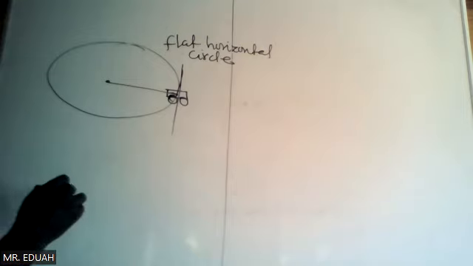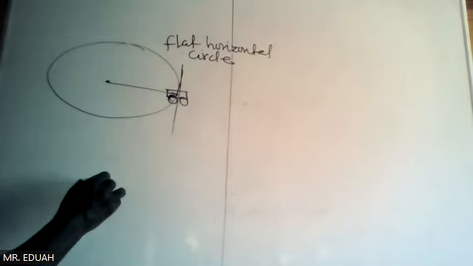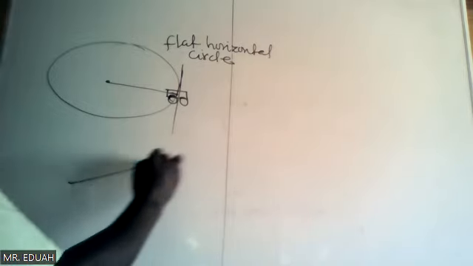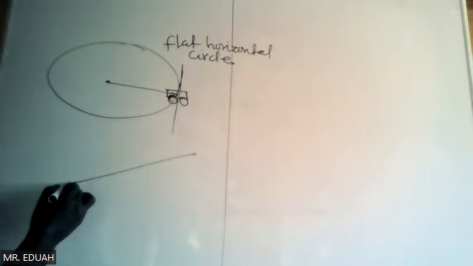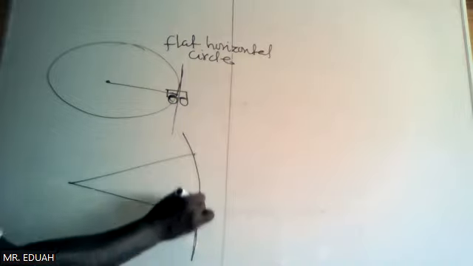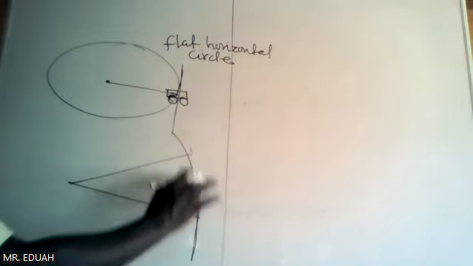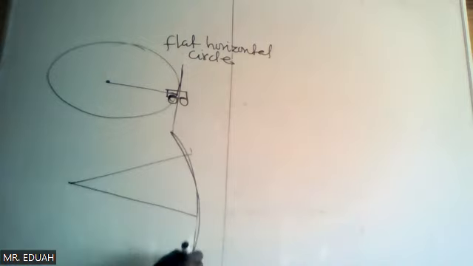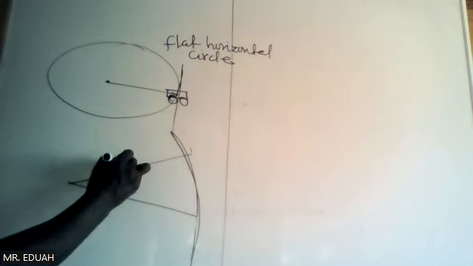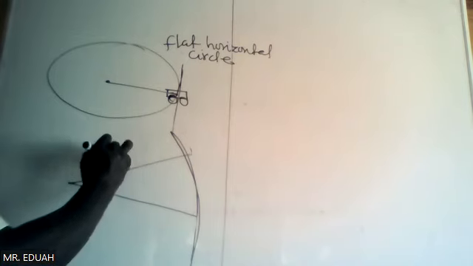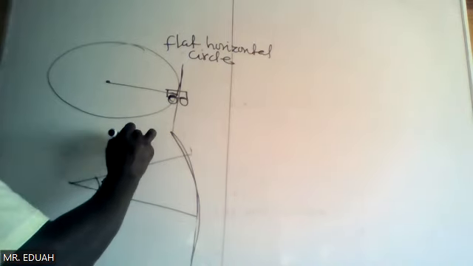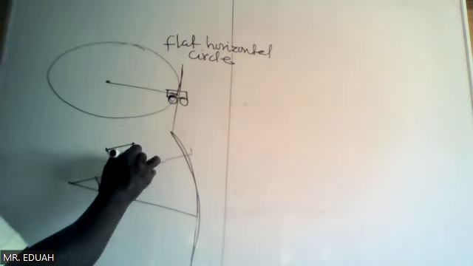In banking of roads, the road is built in such a way that if this is the road, there's a circular path. The radius makes a certain angle theta with the horizontal, and the car stays like this.